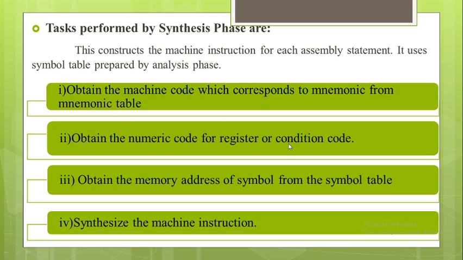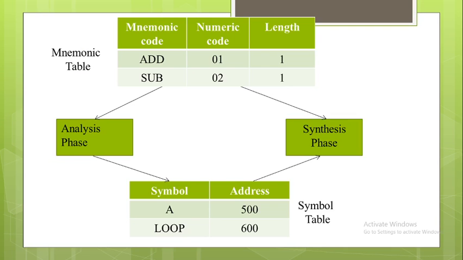Like for A register, B register, C register and D register, the corresponding numeric codes are 1 to 4, and for the condition codes, the corresponding values are 1 to 6. After that, it obtains the memory address of the symbol from the symbol table. And at the last, it synthesizes the machine instruction. So these are the four tasks performed by the synthesis phase.